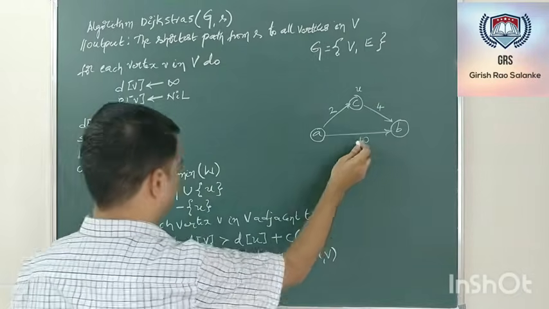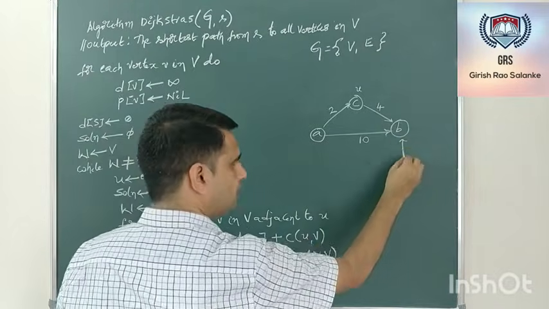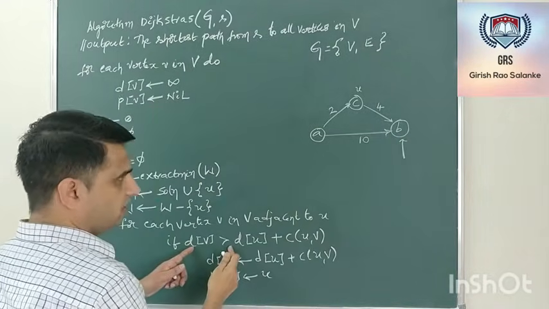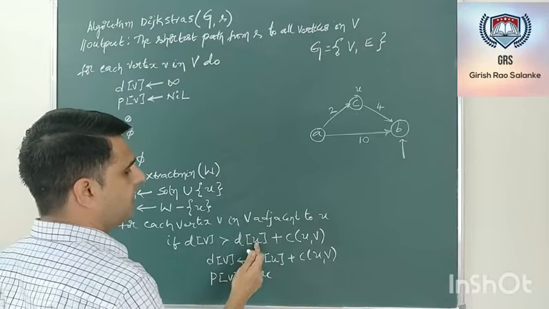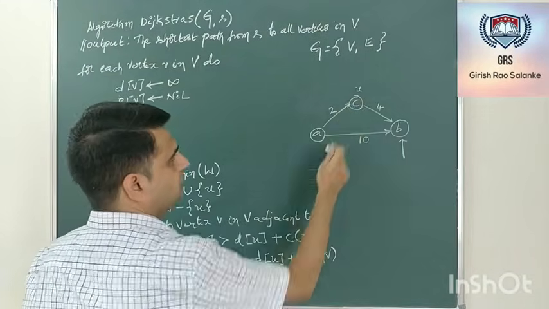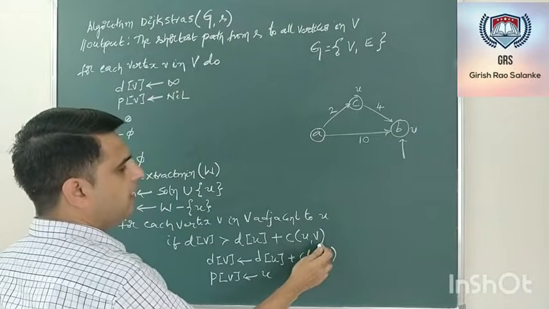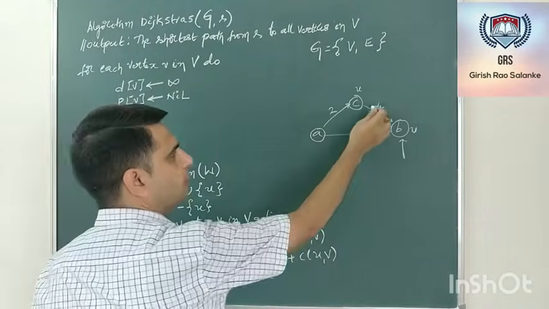So the initial distance was 10. That means if D of V, the distance to B, is 10, is greater than D of U, which is 2, plus C of U comma V, which is nothing but the edge cost, 2 plus 4 is 6.